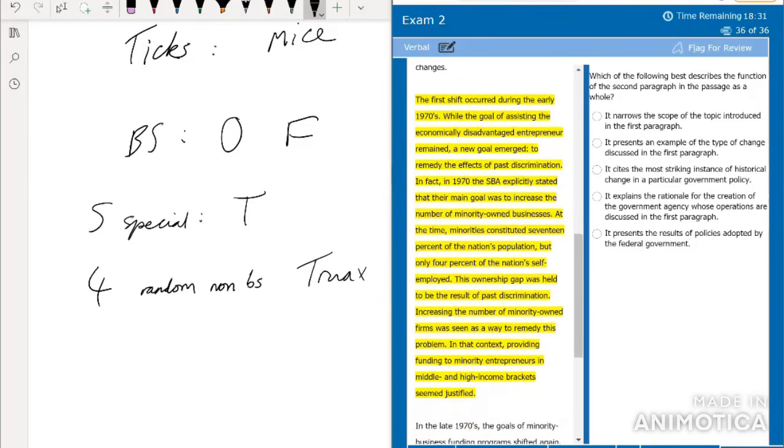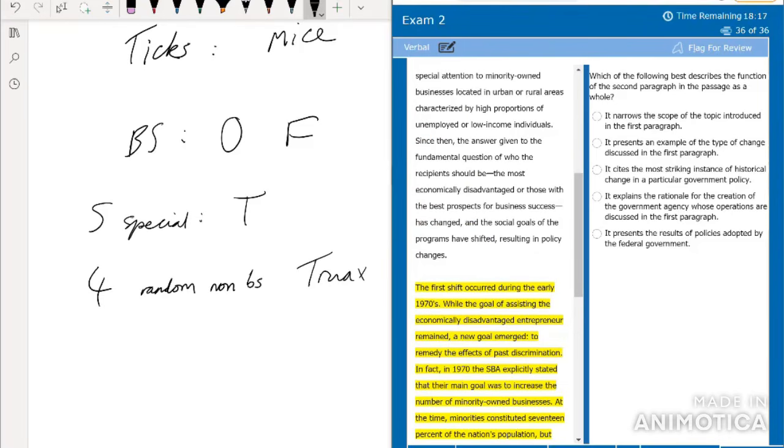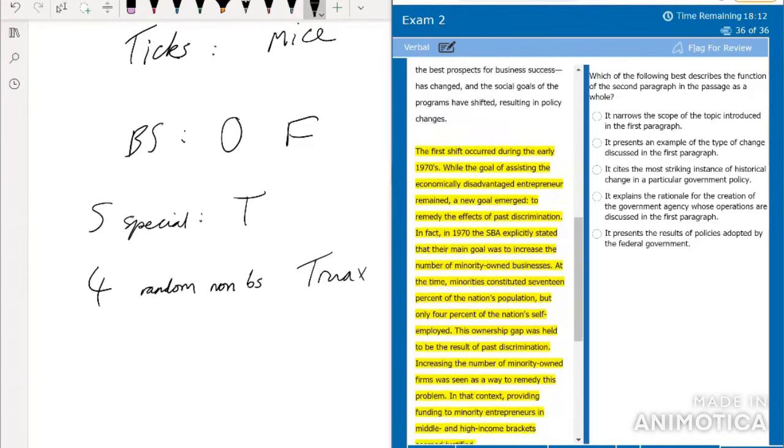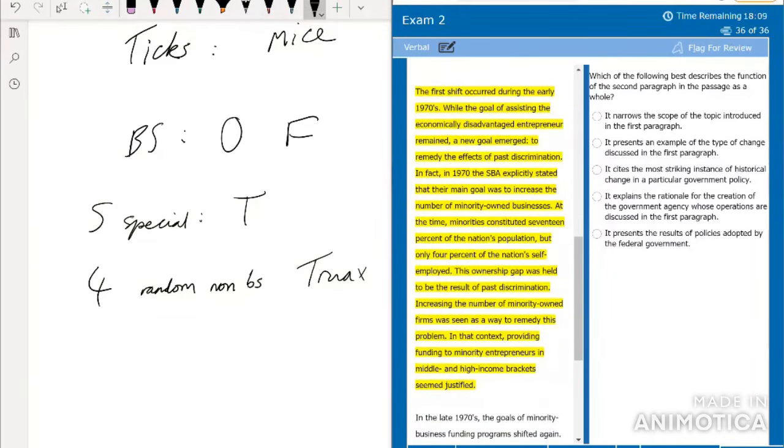It was all about the 1970s, about a shift. So it shows an example of the shifts. So B looks good. Okay, fine.